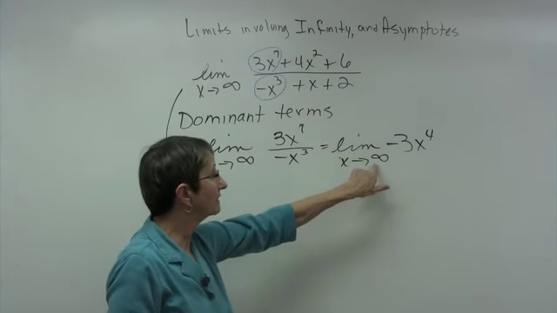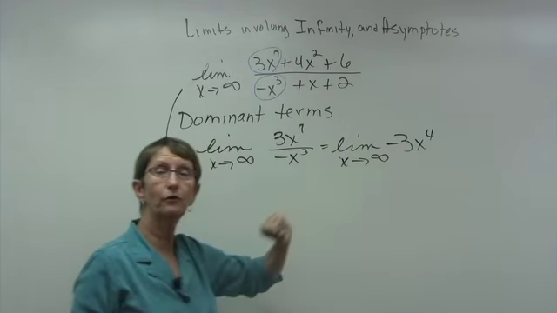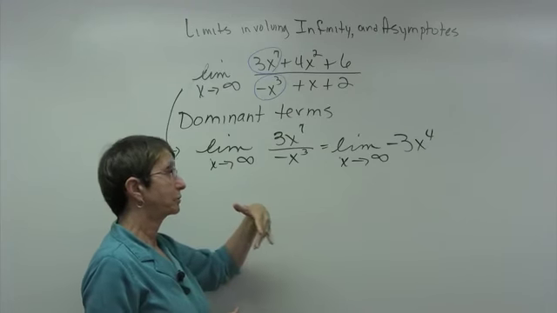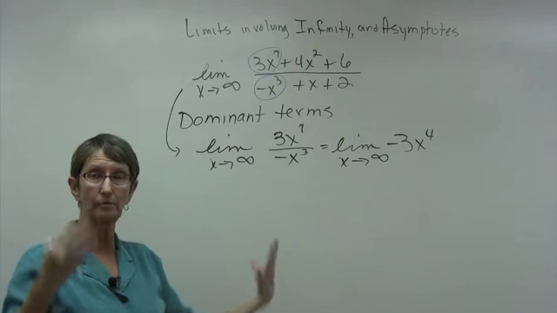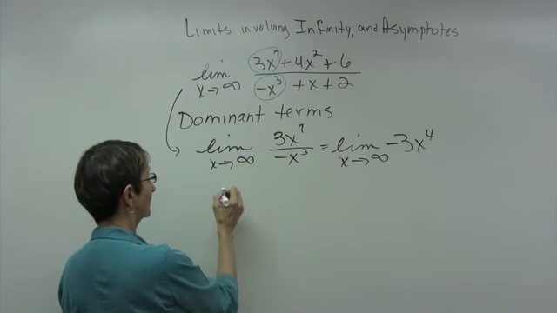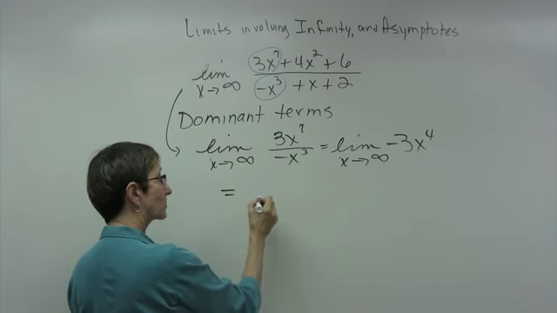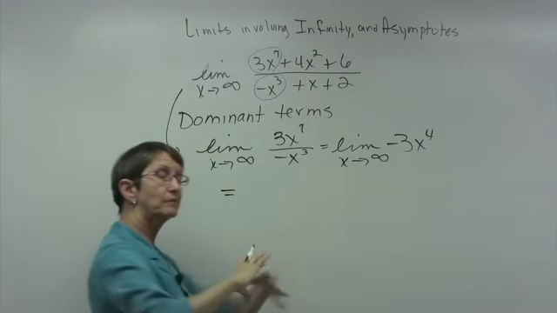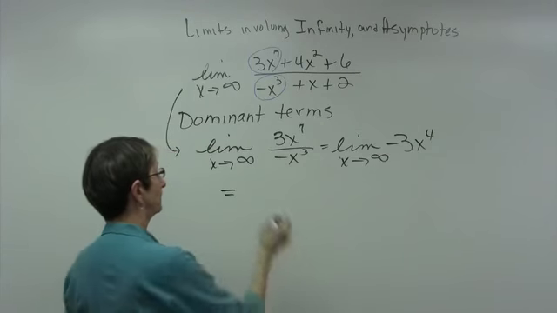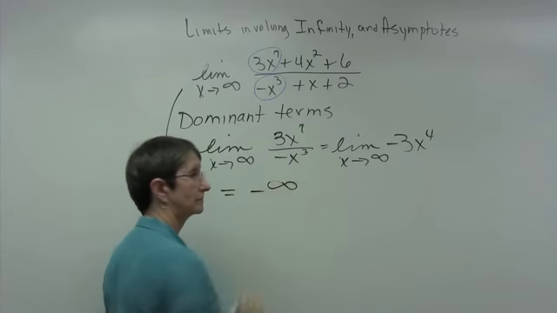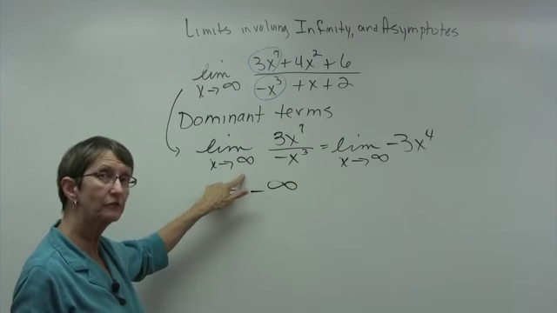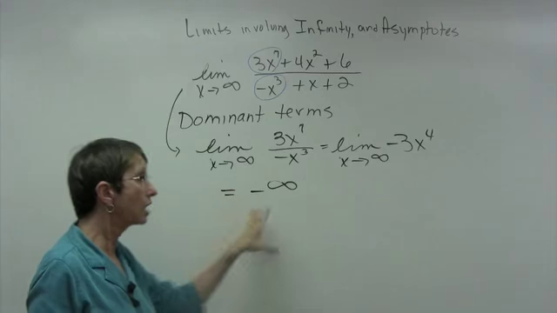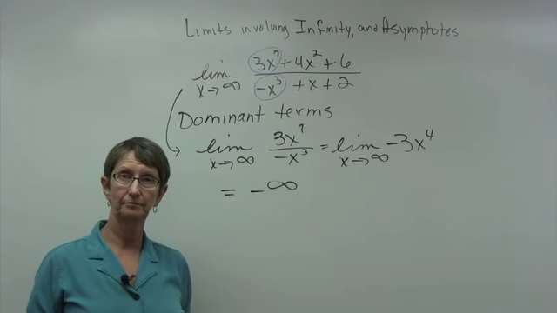And if I put in very, very large positive numbers for x, I put in 100, I raise it to the 4th power, it's just huge. It gets bigger and bigger and bigger. So this limit is actually negative 3 times a huge positive number, which is negative infinity. So this is a problem where not only did x approach infinity, but our limit also turns out to be infinity.